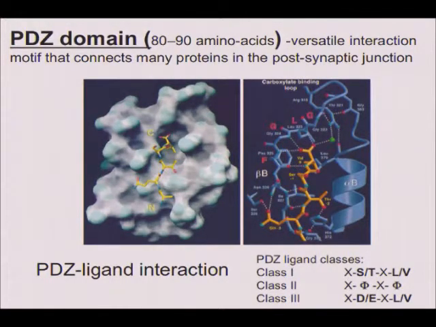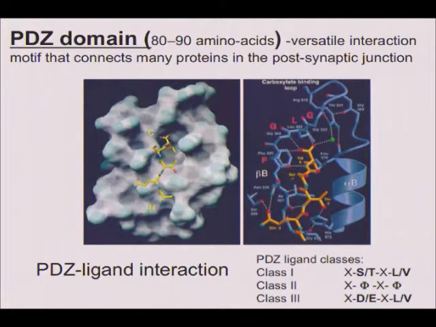As you already know, we have a crystal structure for the PDZ domain, and the new information on this slide is hidden down here in the corner, where when a ligand binds to a PDZ domain, it binds with about 4, 5, 6 amino acids at the extreme C-terminus of the ligand.